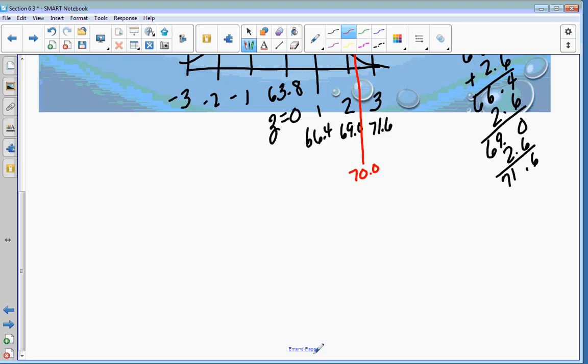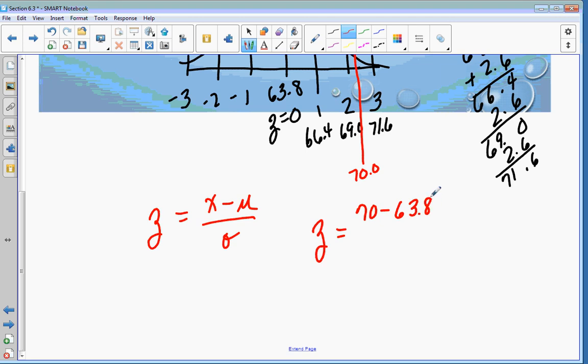that formula that said z is equal to my data point minus mu divided by the standard deviation. So z is equal to my data point, 70 is my data point, minus mu, 63.8. And then I'm going to divide that by standard deviation, and my standard deviation is 2.6.